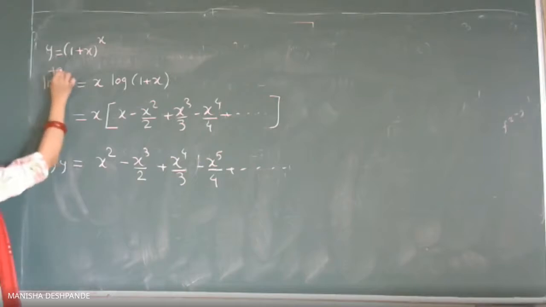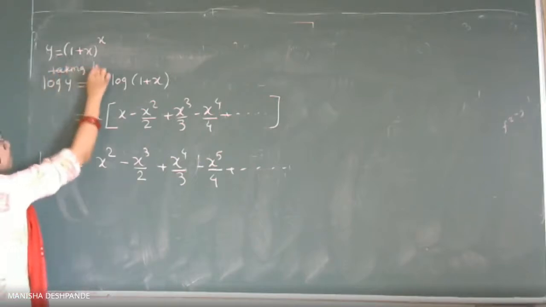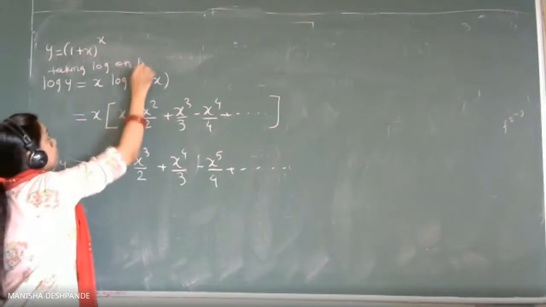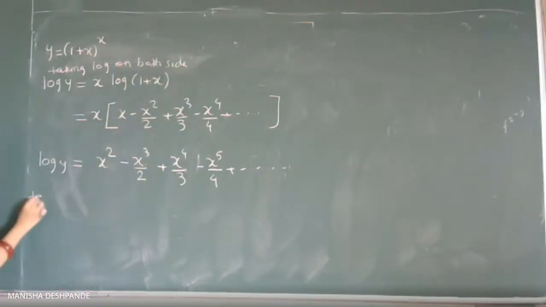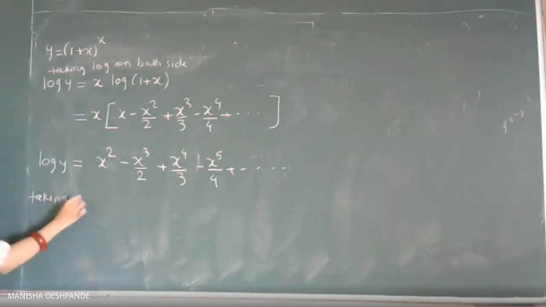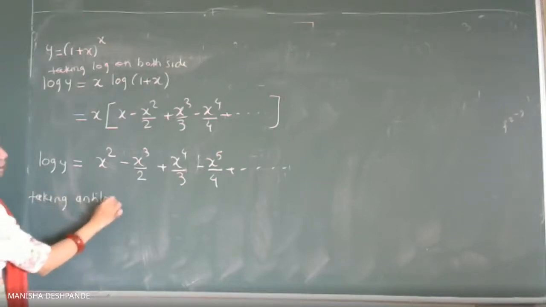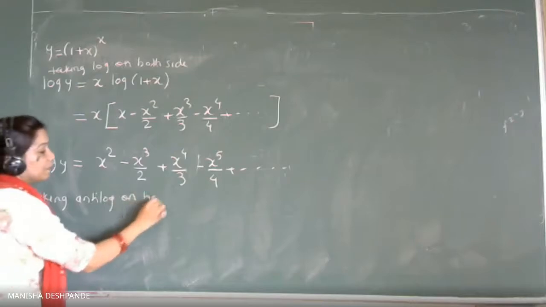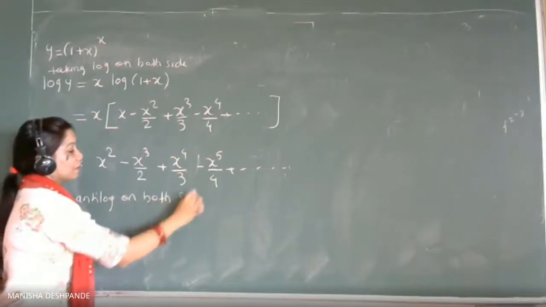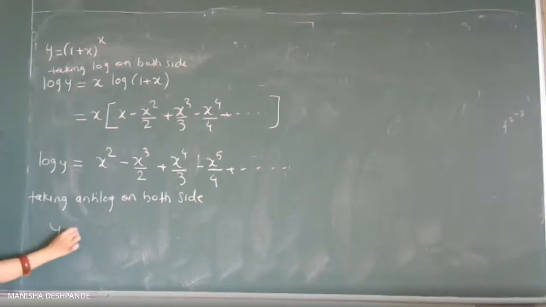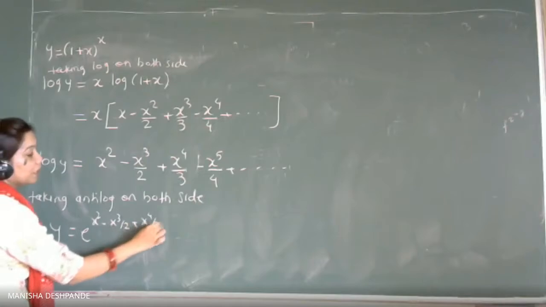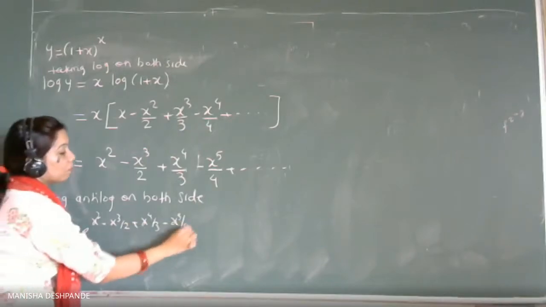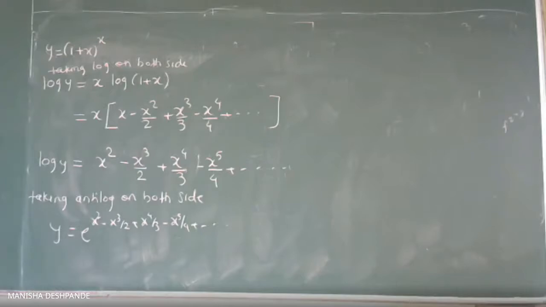Taking log on both sides. Now here, taking anti-log on both sides. So y will be equal to e raised to x squared minus x cubed by 2 plus x raised to 4 by 3 minus x raised to 5 by 4 plus and so on.